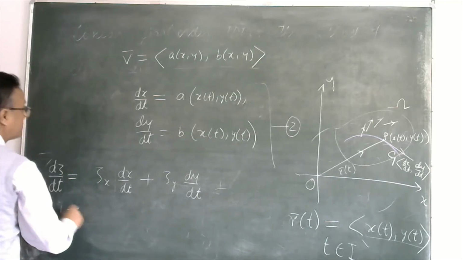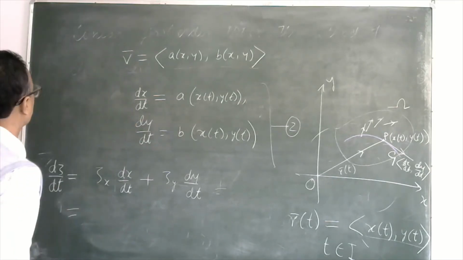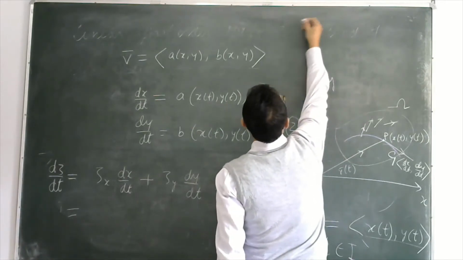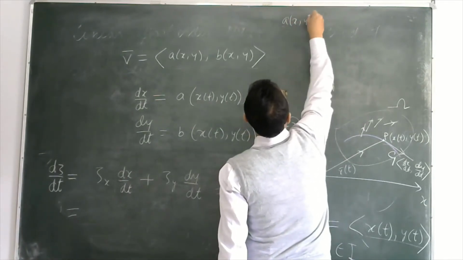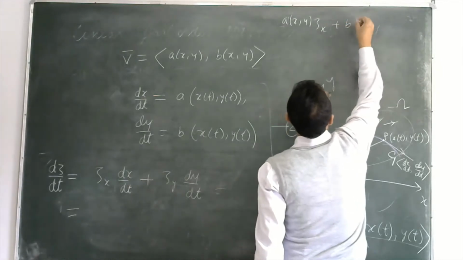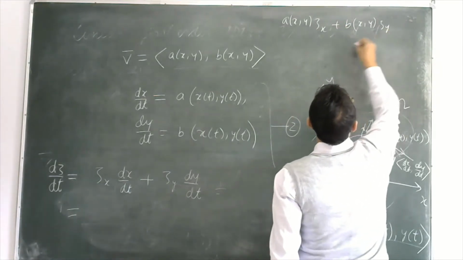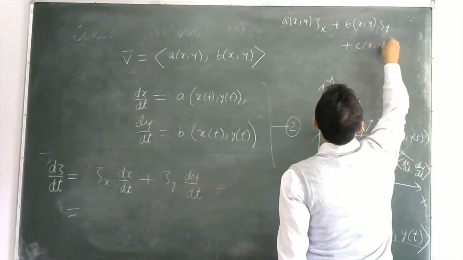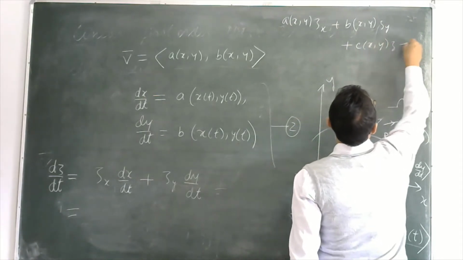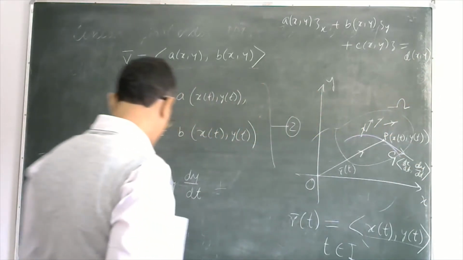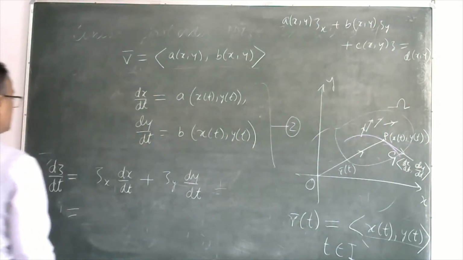So then if you recall, my original equation was something like a(x,y) zx plus b(x,y) zy plus c(x,y) j equal to d(x,y). Is it okay? Fine.